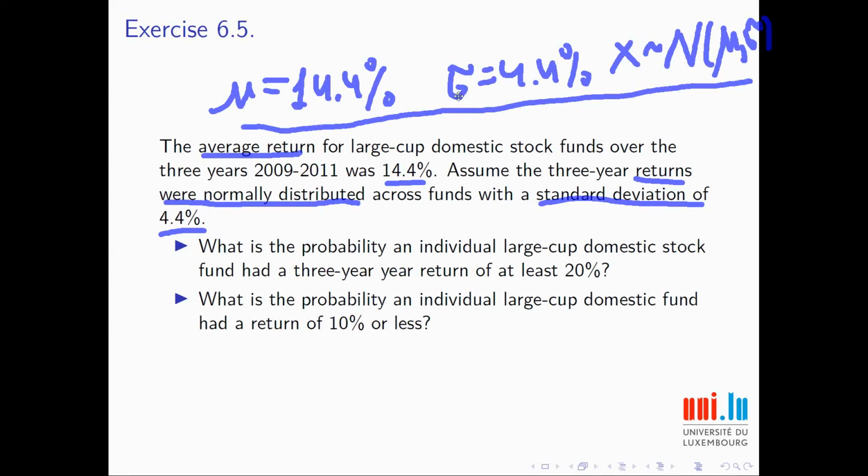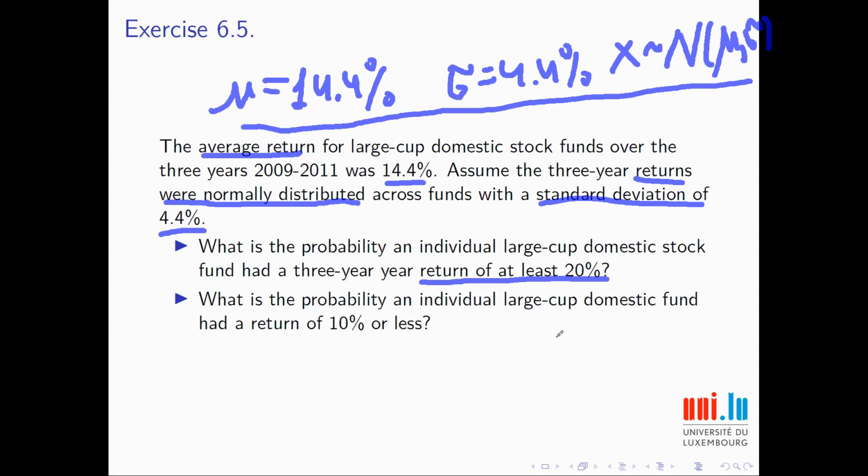Okay, and you're asked to find what's the probability that an individual large cap domestic stock fund had a 3-year return of at least 20%. You can just discard all the wordy parts and understand the main question you are asked.